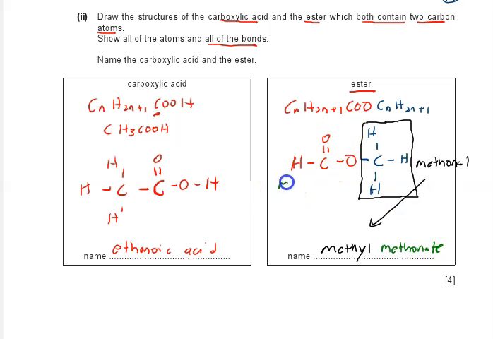And this one is coming from methanoic acid. So this is the name. Here we have 4 marks. Now we move on with the next one.